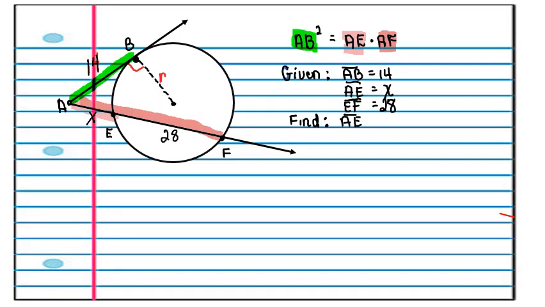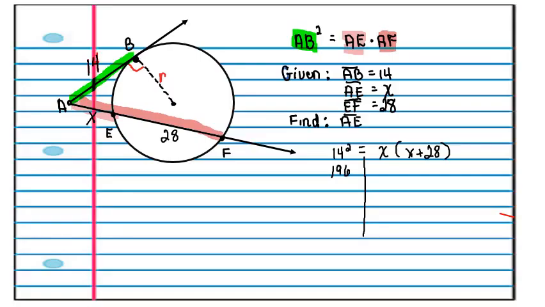Alrighty. So we have 14 squared, that's our tangent, equals our external secant times our whole secant, x plus 28. All right, fence of equality, work some numbers out here. 14 times 14, 196.